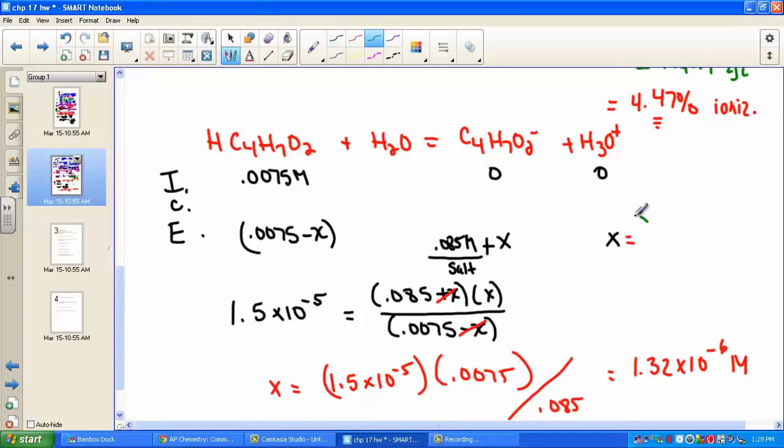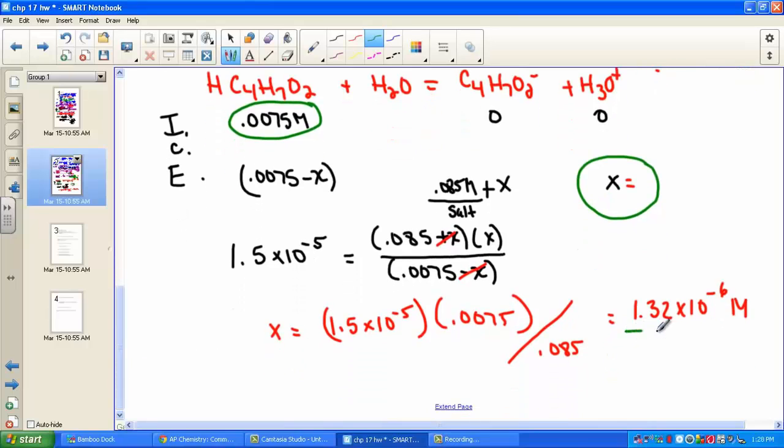We want to compare, to find percent ionization, the percent of hydronium at equilibrium compared to the initial concentration of the acid. So here we have the value of X, and X is representing hydronium at equilibrium. Let's set that over the original concentration of the acid, I'm going to run out of room, HC4H7O2 initial, and express that as a percent.